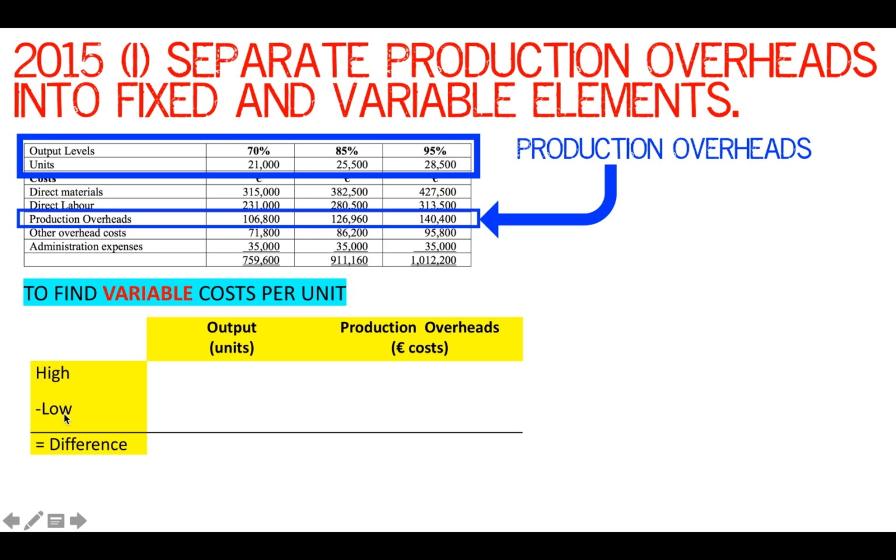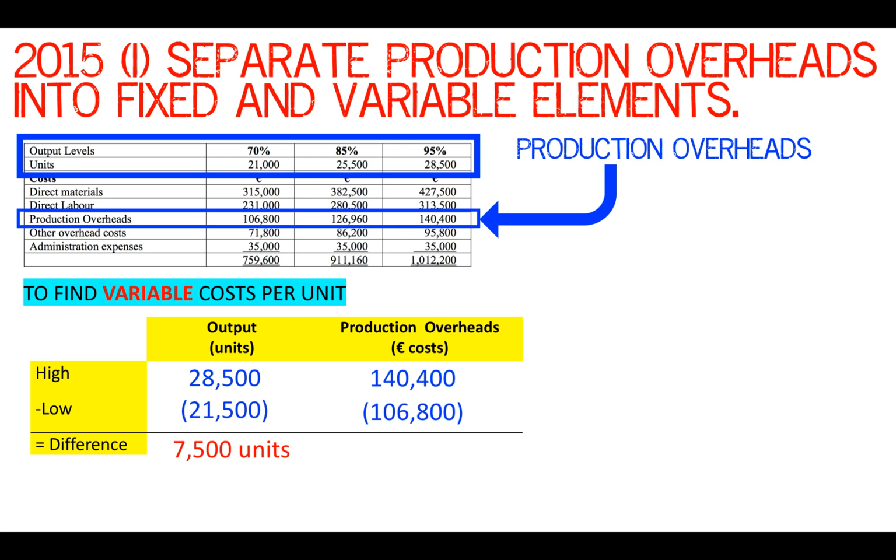So to find the variable cost per unit, this is the high-low method: high minus low is equal to the difference. The output here, the high is 28,500, the low is 21,000. That is 7,500 units in the difference. The costs, the high is 140,400 minus the low, which is 106,800, and the difference there is 33,600.